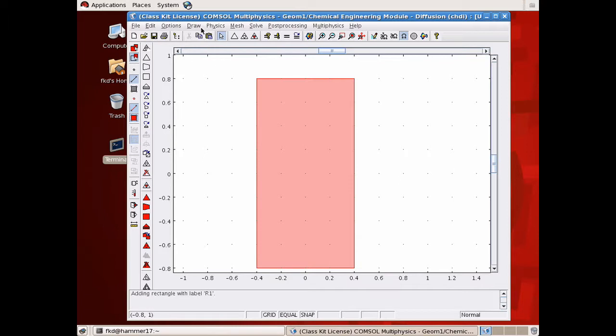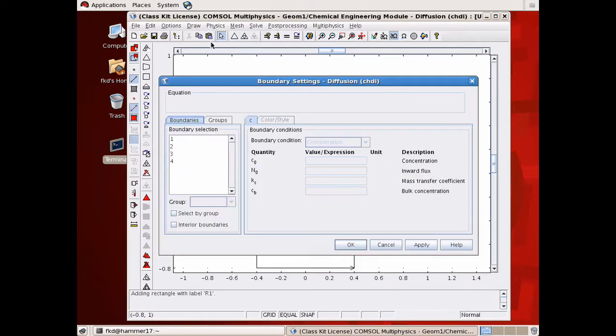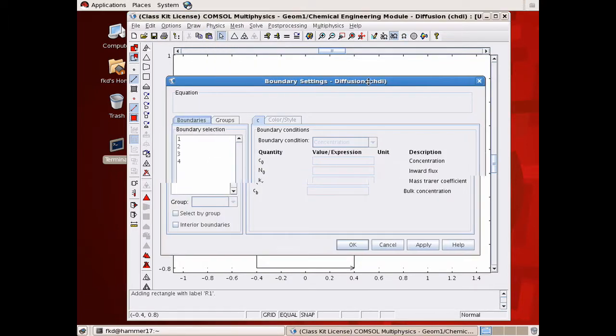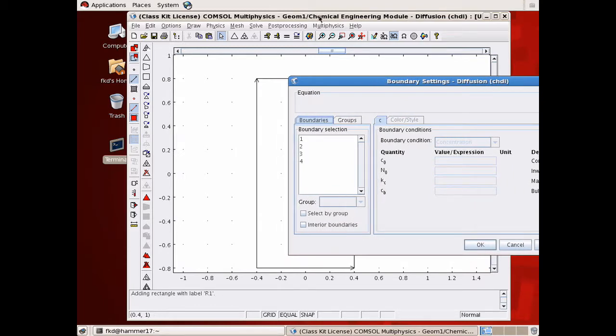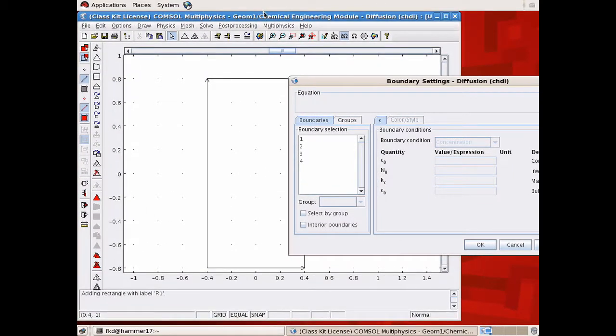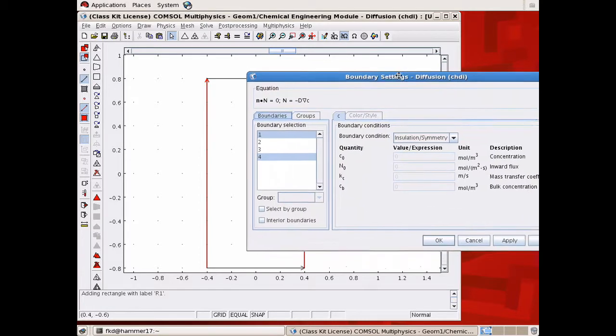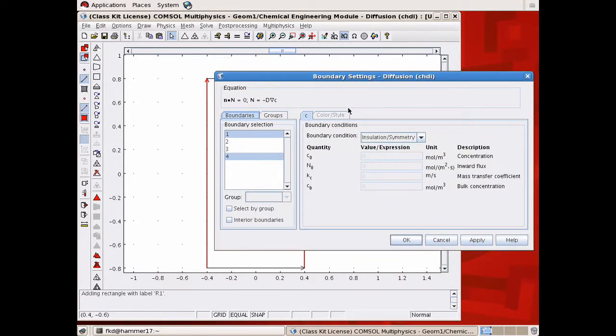We need to apply some boundary conditions, and we need to be able to see those boundary conditions. So let's put the boundary conditions on the side as equal to no flow, so we'll set them to insulation. In other words, no flow.